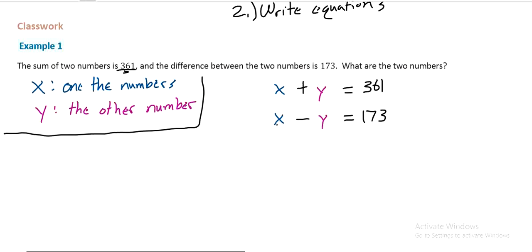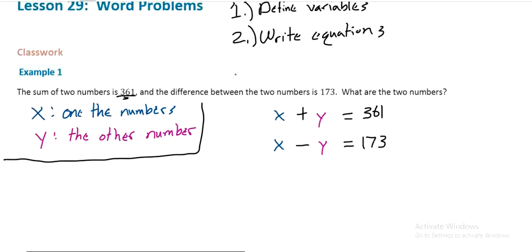How do we know to put x first and y second? Well, in this case, there is no specific detail on which number x has to be and which number y has to be. We just want to make sure that after the subtraction, we have a positive 173 as our difference. We'll talk about that toward the end of the example.